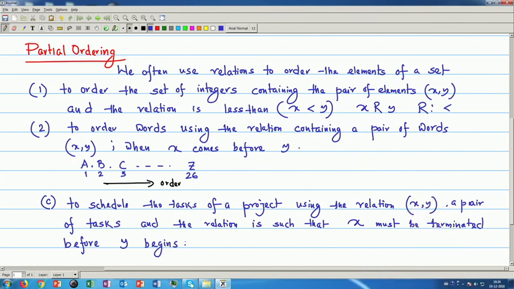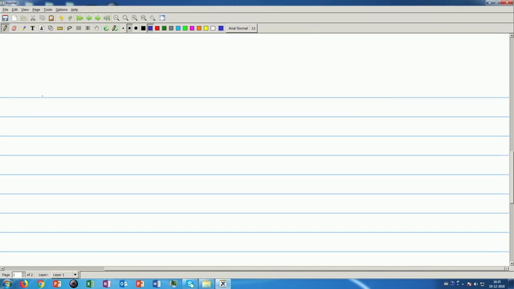For this type of example we can use a relation, and mainly the reflexive, antisymmetric and transitive properties are used for that.